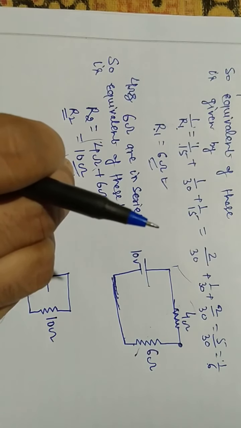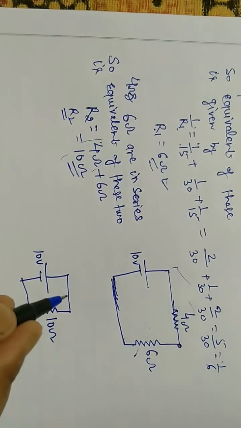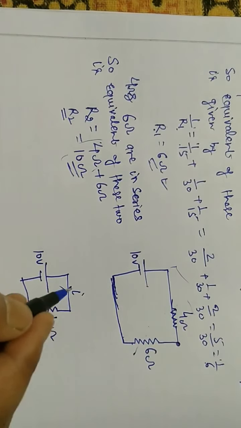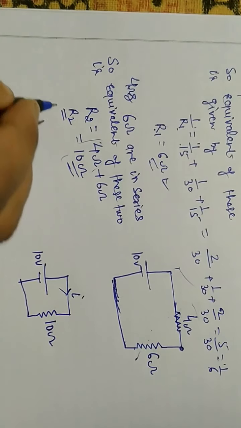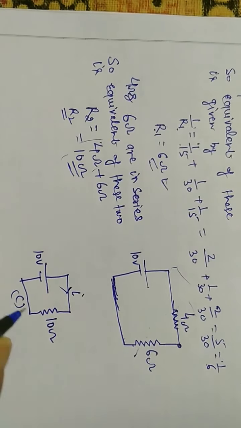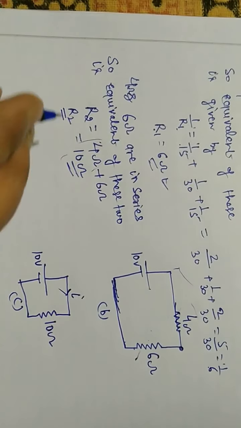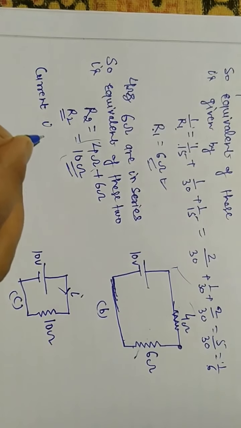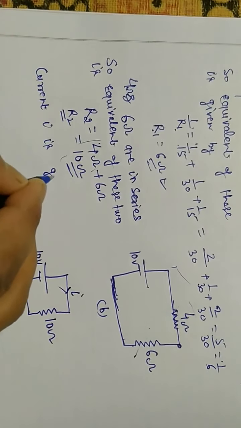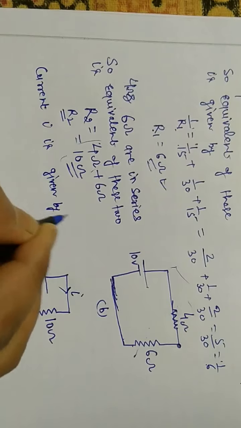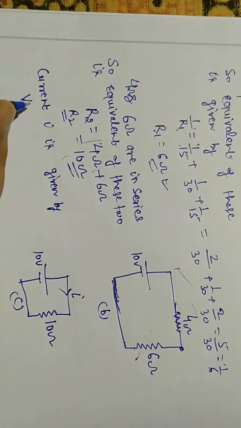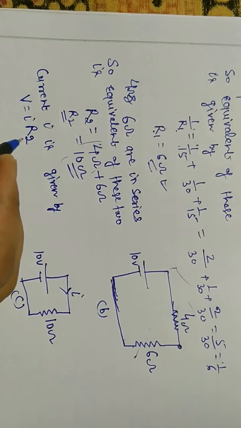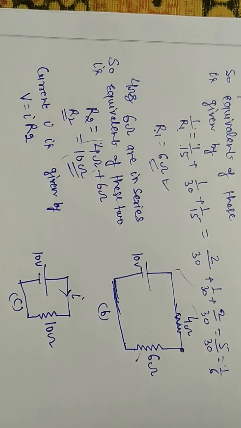Now we can find the current flowing in this circuit, that is I. So the current in this part C, you can write it B. So in C, current I is given by, we can apply Ohm's law, V is equal to I into R2, because R2 is the equivalent resistance.